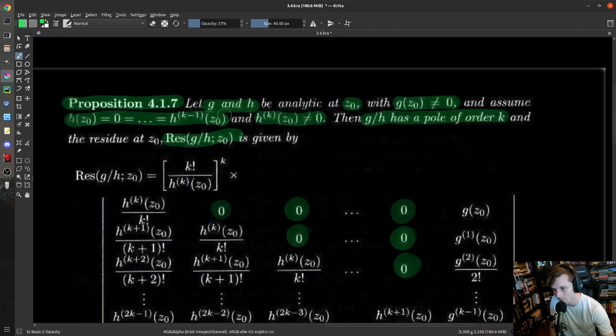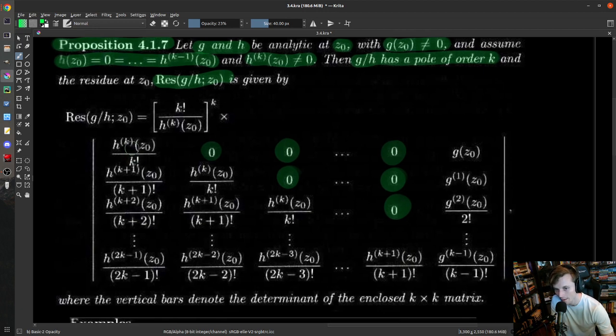It's because we're assuming that the k minus 1th derivative of H at z naught is 0. So you really could write the k minus 1th derivative of H at z naught over k minus 1 factorial right here, and so on all the way down to the 0th derivative H of z naught over 0 factorial, right here.